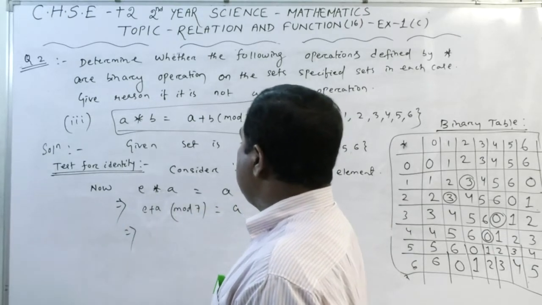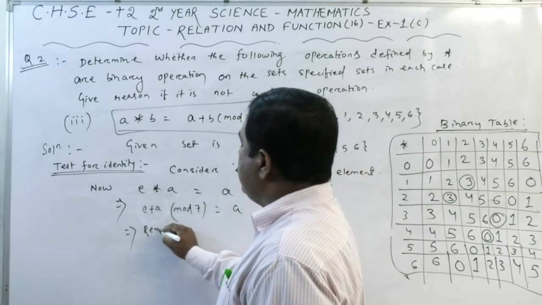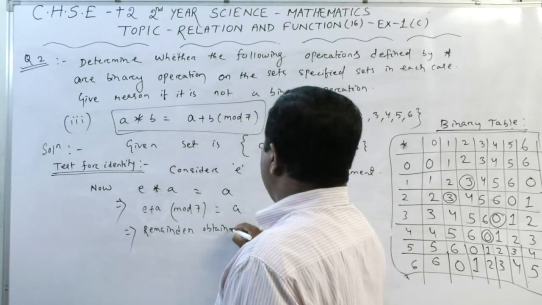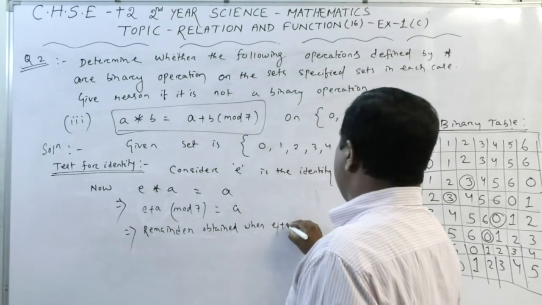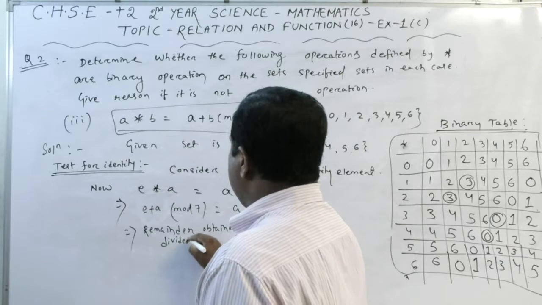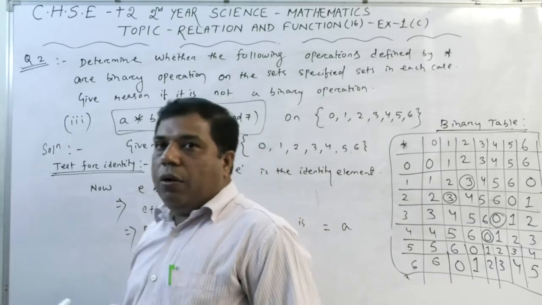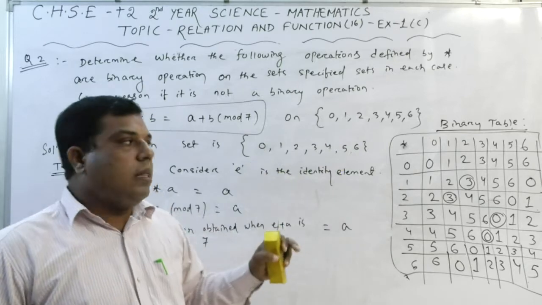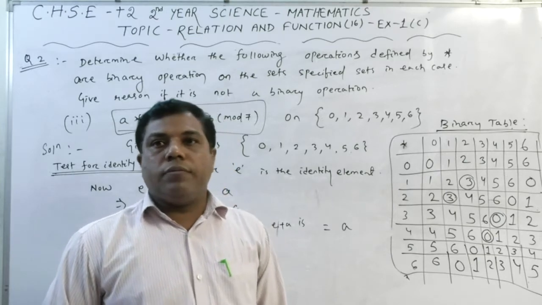That implies, when this sum E plus A modulo 7, that means the remainder obtained when E plus A is divided by 7, should be equal to A. So now you think, what should be the element from 0 to 6 in this set that is added with A and divided by 7, so that the result is equal to A?